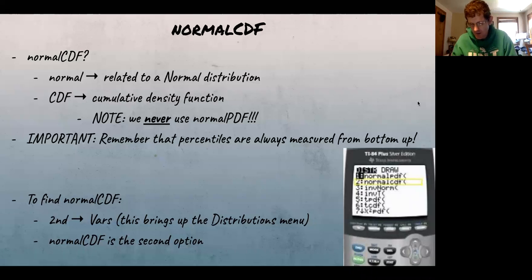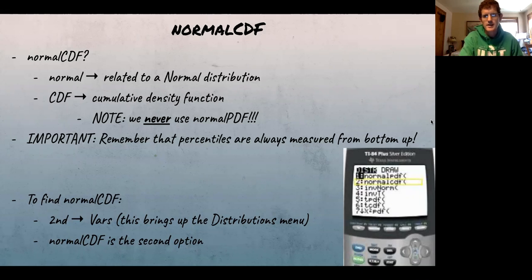Right off the bat, if you do have a Casio, you should be able to find a lot of this if you hit, I think it's the menu button at the top of your calculator, and then you have a few options. One of them is for distributions, and a lot of those same kind of calculations will be found there, though I can't give you all the keystrokes.